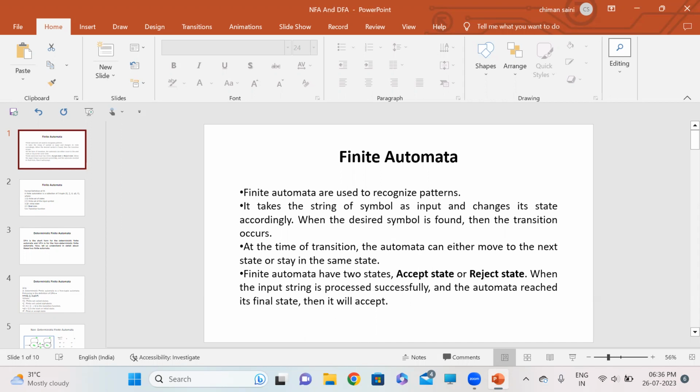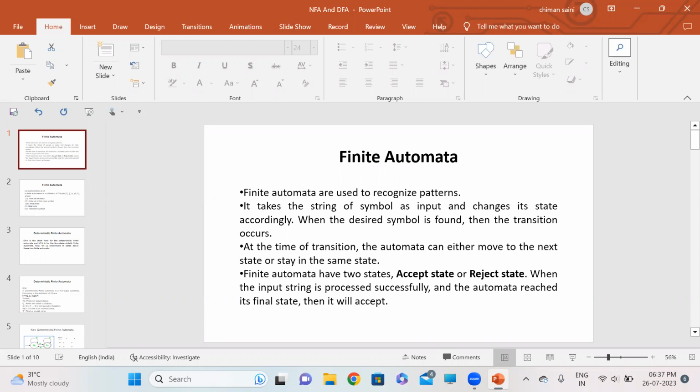If the desired symbol is found, then the transition occurs. It depends whether it will move to the next state or stay in the same state. These states are known as accept state or reject state.